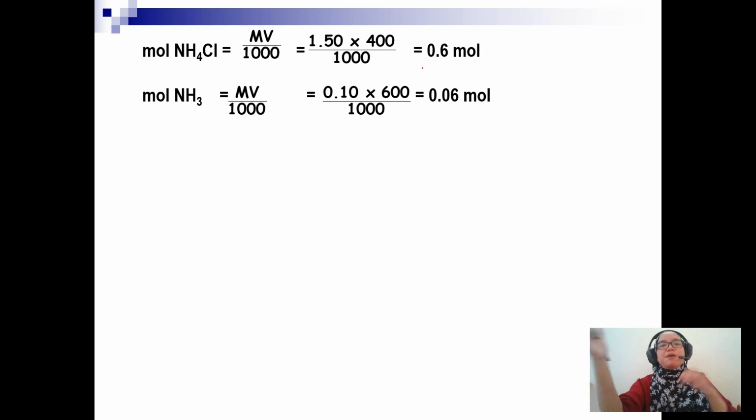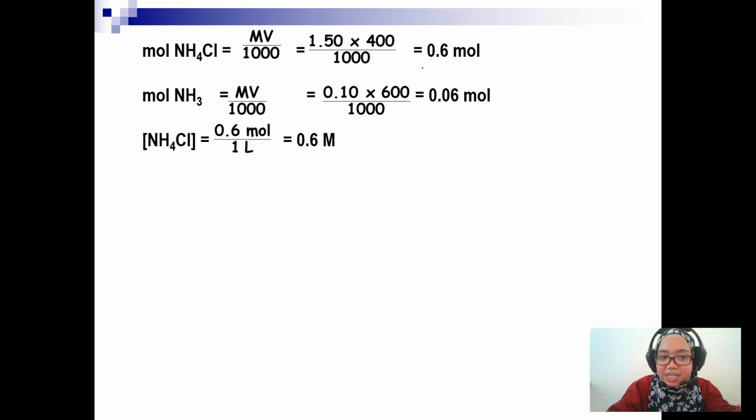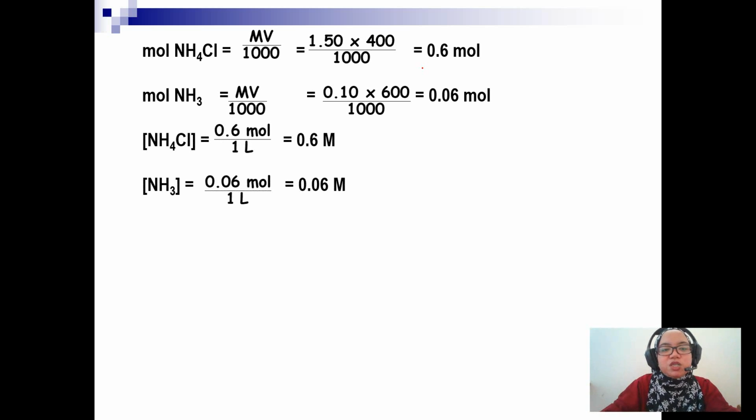After we get the moles, we find the new concentration of ammonium chloride and ammonia in the new total volume of buffer solution, which is 1 liter. So we can find that the concentration of ammonium chloride now is 0.6 molar and the concentration of ammonia now is 0.06 molar. Okay, why do we need to find the new molarity?